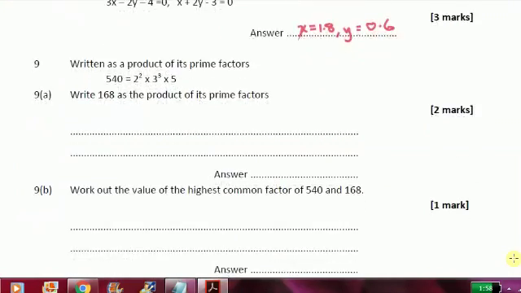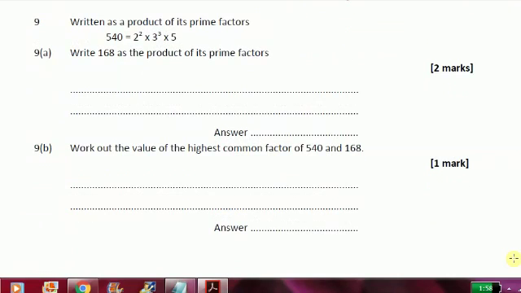Question 9. Write 540 as a product of its prime factors, or written as a product, we get 540 equals that. Now you've got to do the same thing for 168.